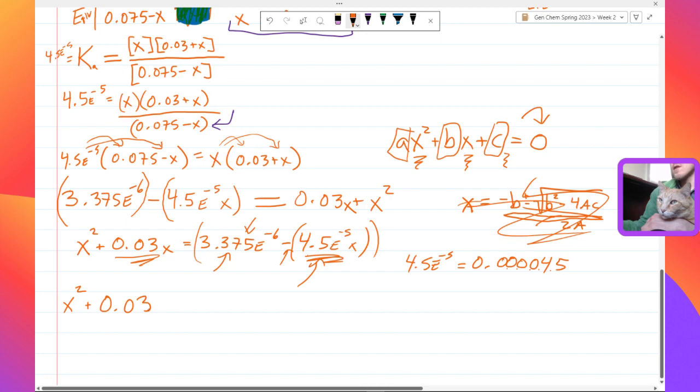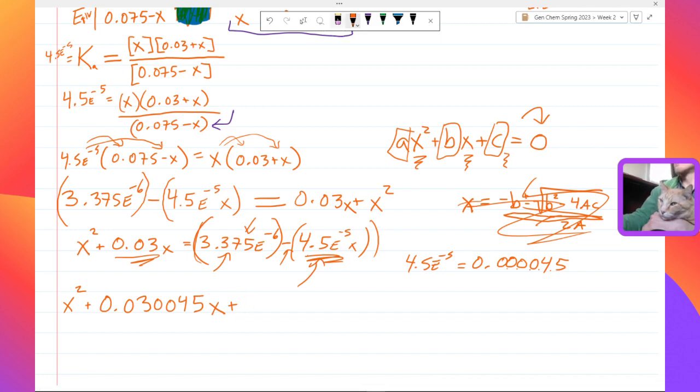You could have put that in your calculator and gotten that, but that's how you might be able to do that in your head. And then this term without an x is positive on this side, so we're going to have to subtract it to get rid of it from the left and move it to the right.